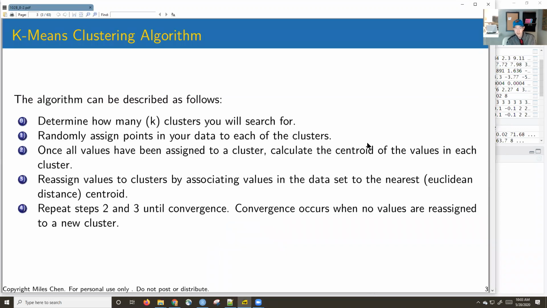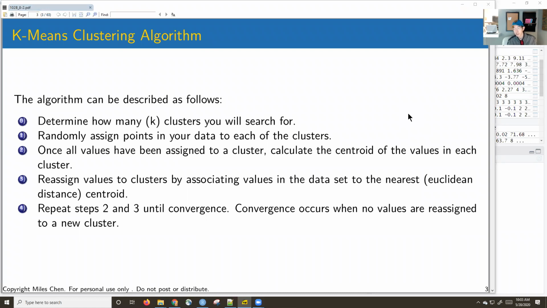So I guess just before we get into it, we'll just review k-means clustering. And the algorithm there is you first determine how many clusters you're going to search for. Then the first thing you do is randomly assign points in your data to each of the clusters.